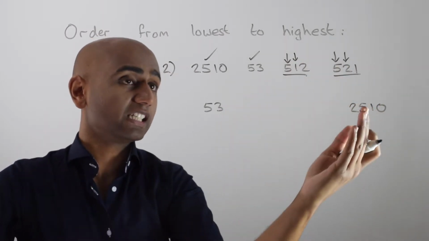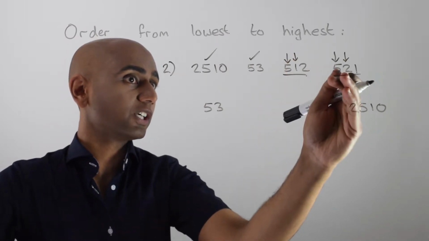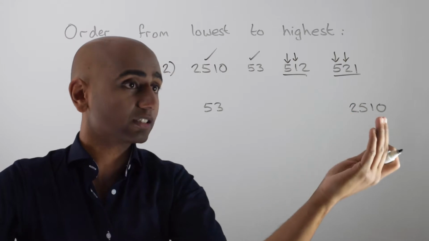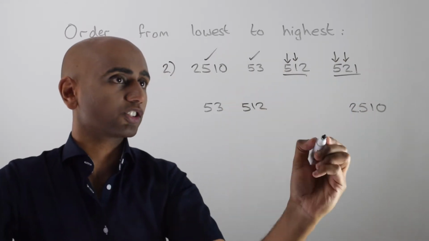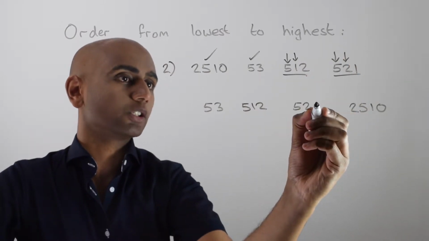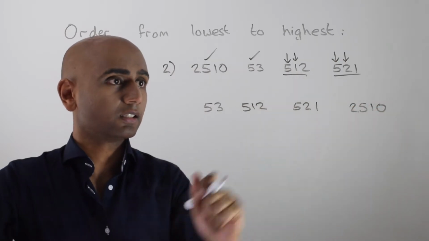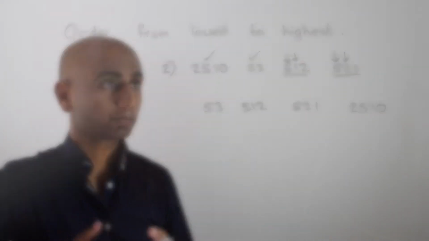Now I can see here that 512 has only got 1 ten, whereas 521 has got 2 tens. So 512 is the smaller number, which means it goes there, and 521 is the larger number, which means it goes there. So this is my ordered list of numbers for question 2.